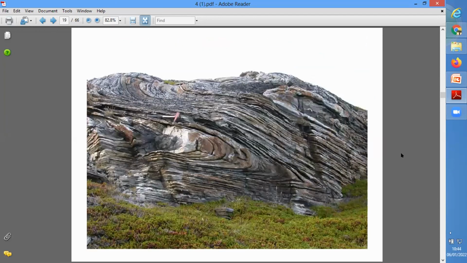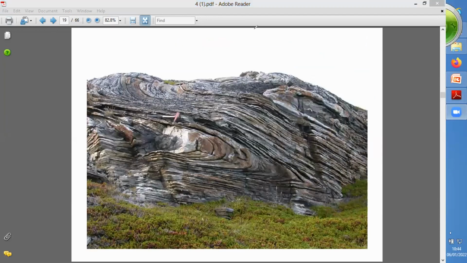Now here you can clearly see, or if you have not seen, I will show you. So this is the axial plane which runs like this, and these are the sides, this side and this side both remain horizontal. That's why it is recumbent type of the fold.